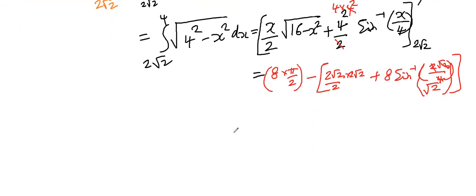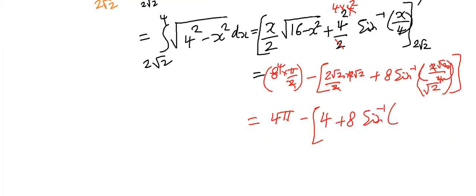So let me write this again. 8 times pi by 2 is 4 pi, minus the lower limit: the 2 root 2 terms give 2 root 2 times 2 root 2, which is 8, divided by 2 is 4, plus 8 times sine inverse of 1 by root 2.